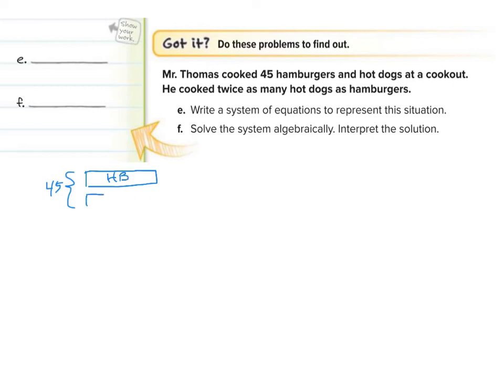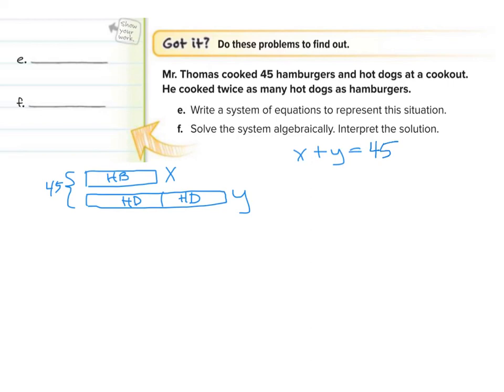And I know that there's twice as many hot dogs. So this is HD. And then we've got HB for burgers. Okay, so this will be my x and this will be my y. So I know that x plus y equals 45.